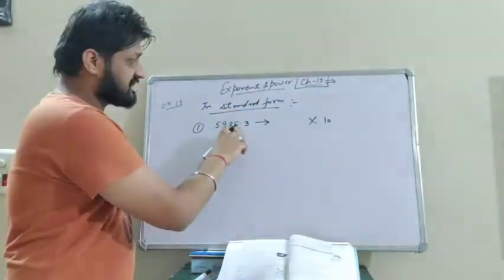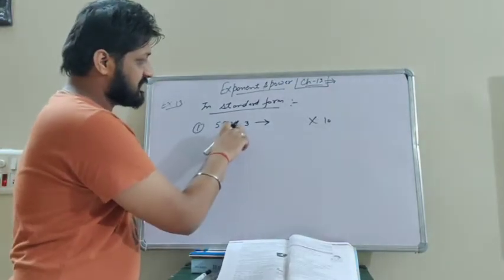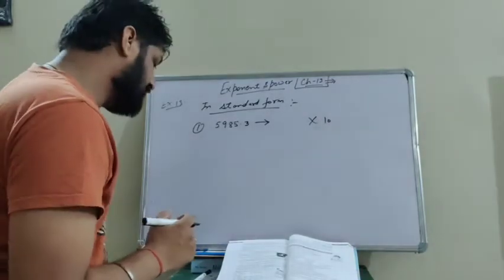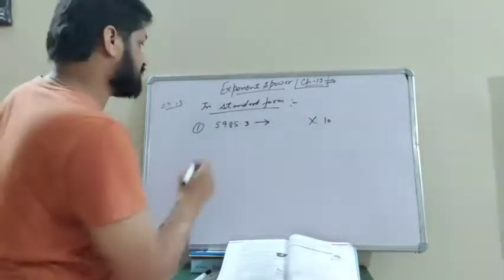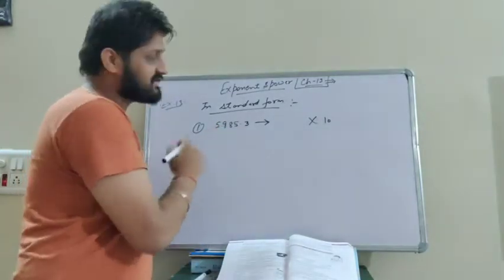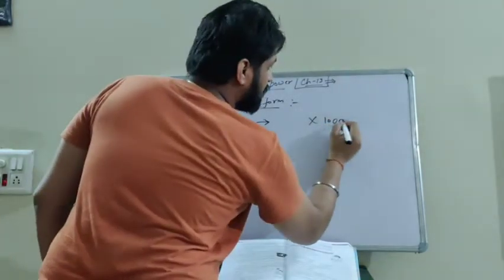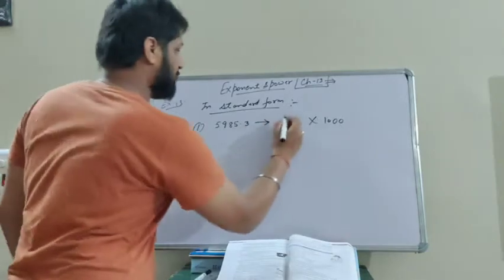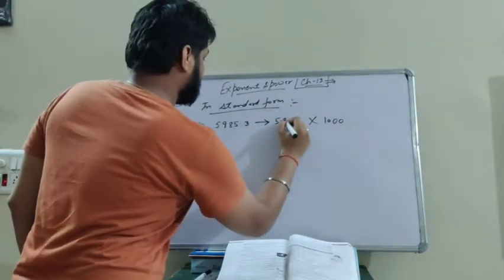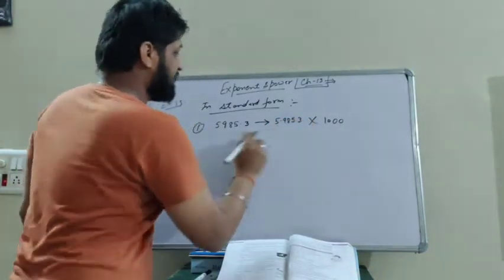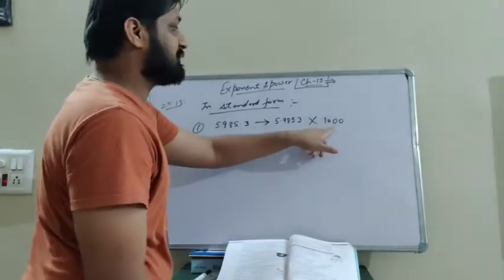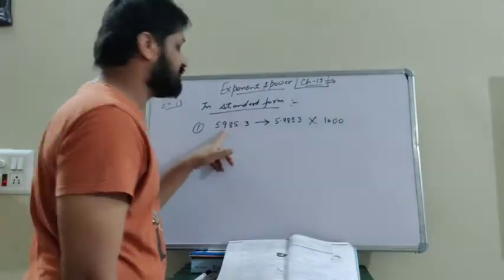Now this is 5985.3. If we multiply this number by 1000, 1000 means 3 zeros, so the decimal will shift three places.